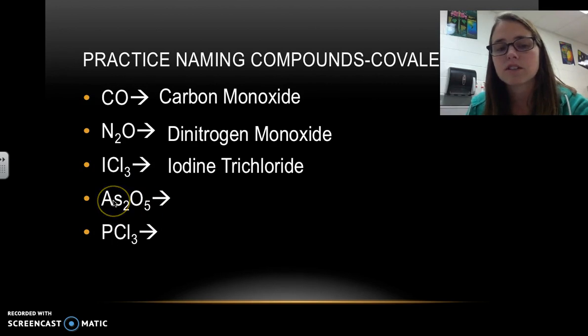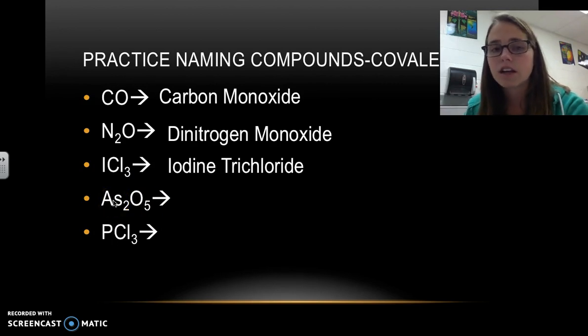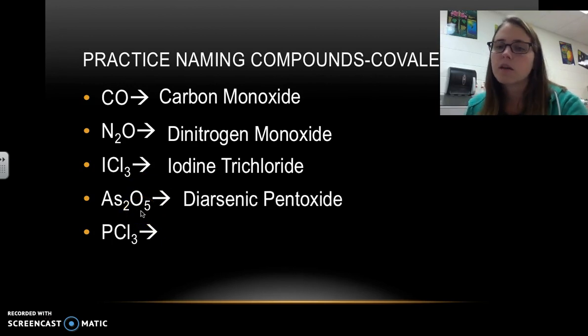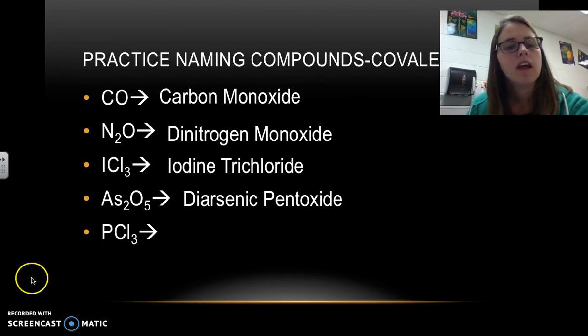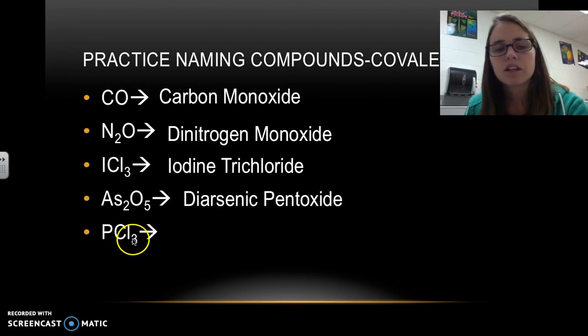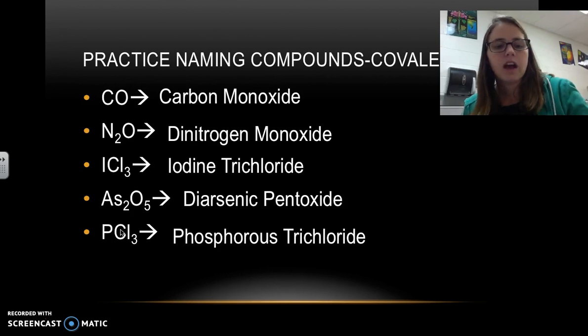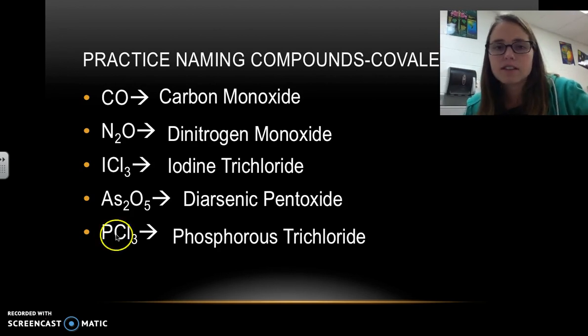We have 2 arsenics, so it's going to be diarsenic, and then the prefix for 5 is penta, pentaoxide. Diarsenic pentaoxide. And then finally we have phosphorus. There's only 1 phosphorus, so we'll just write phosphorus. And then the number here is trichloride. Phosphorus trichloride. All right, that is all for that.